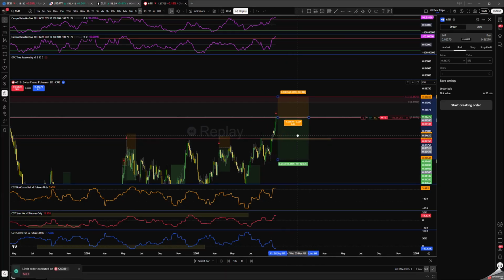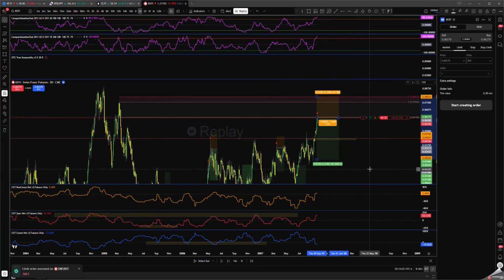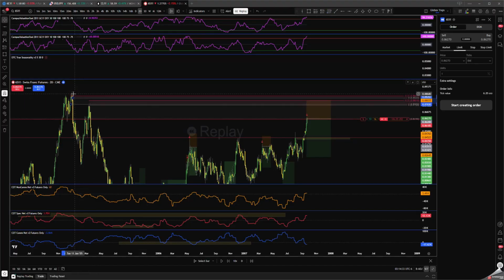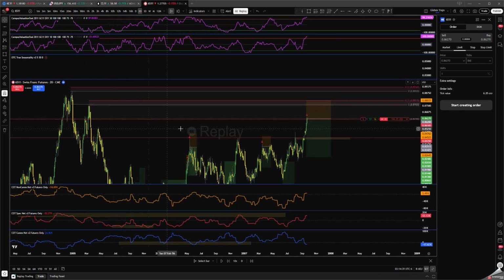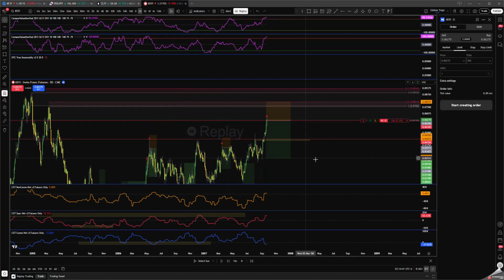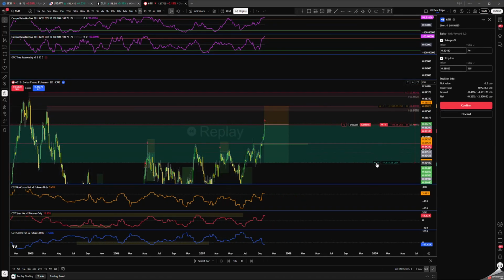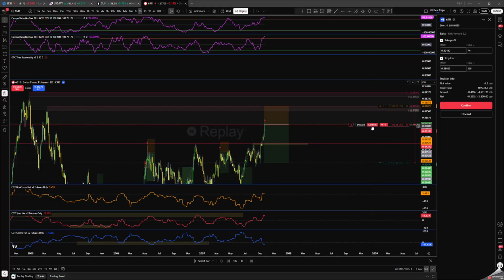Okay, we are filled. If this zone doesn't work out, then I will re-enter here. Stop loss here, take profit here, confirm.